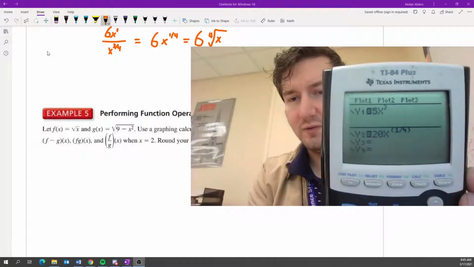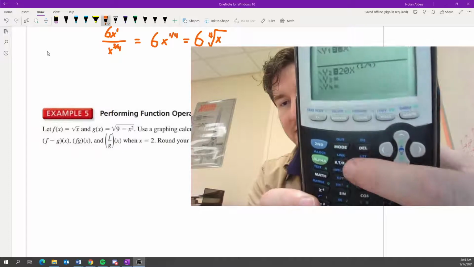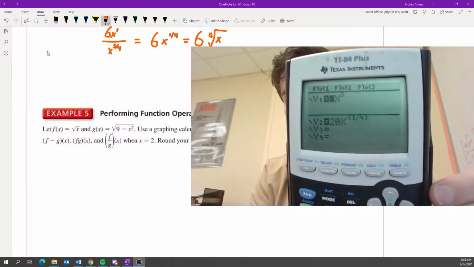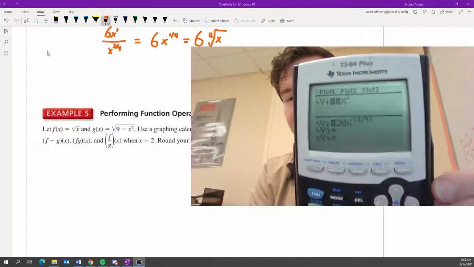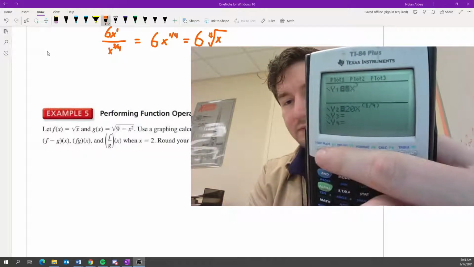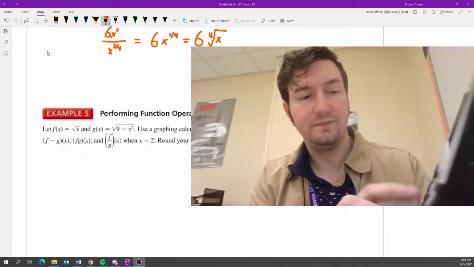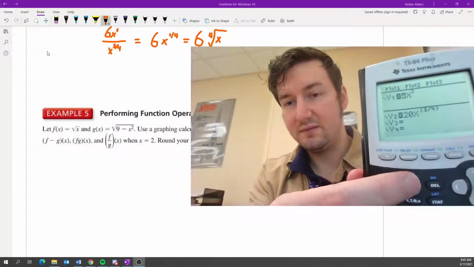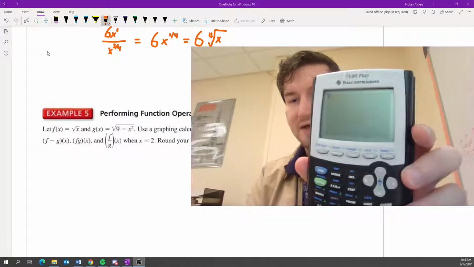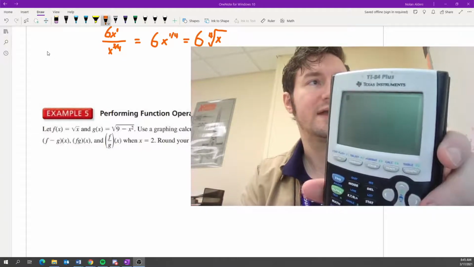If you're wondering how to type in the x, you can do that with this button right here, which says X,T,theta,n. Once you get your functions loaded in using y equals, you can press second mode to access the functions.